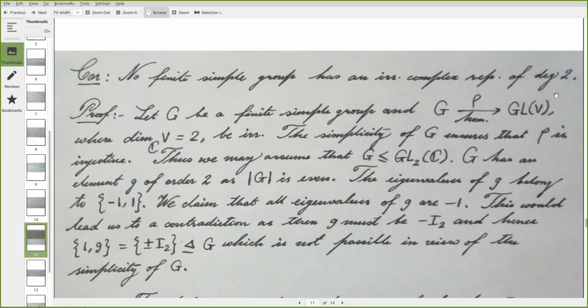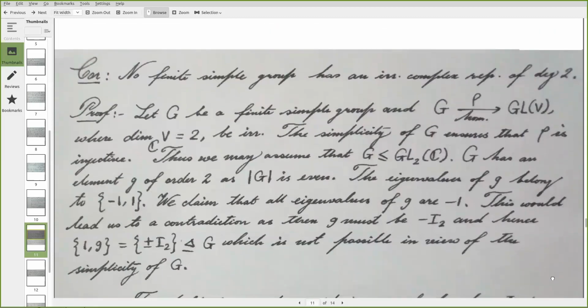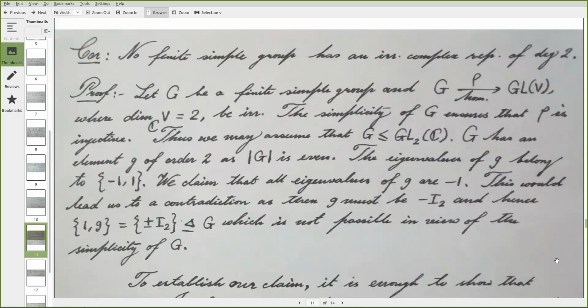This says that no finite simple group has an irreducible representation over C of dimension 2. In other words, if a group has an irreducible representation of dimension 2, then that group cannot be simple. To see this, we prove by contradiction.